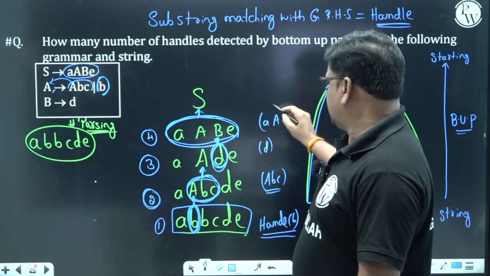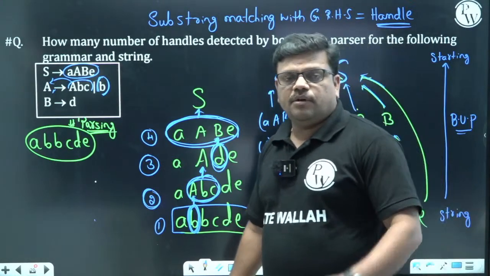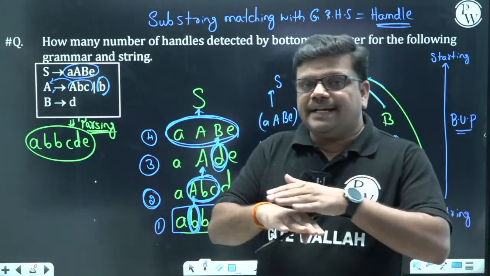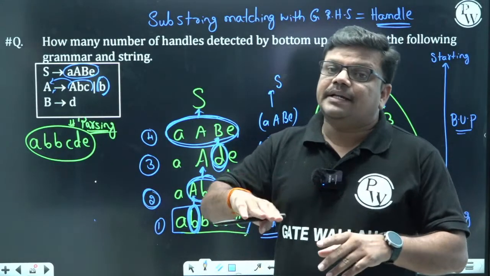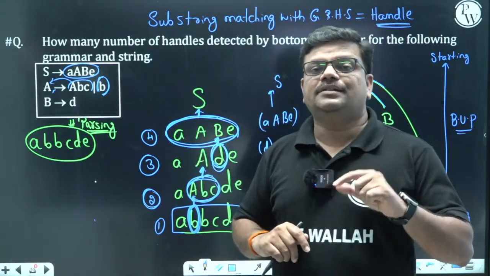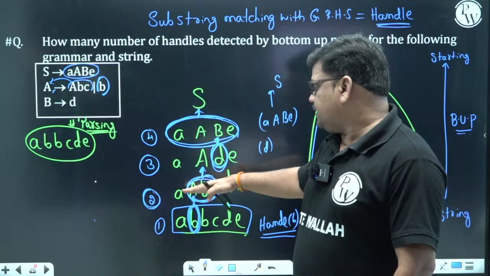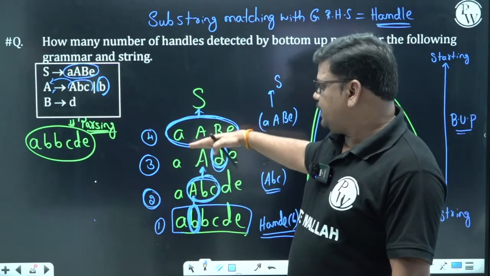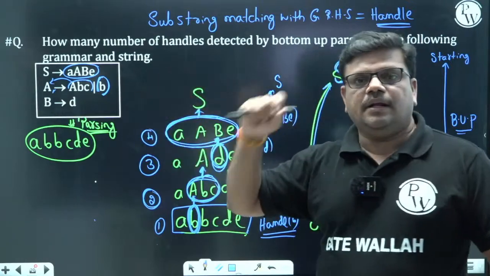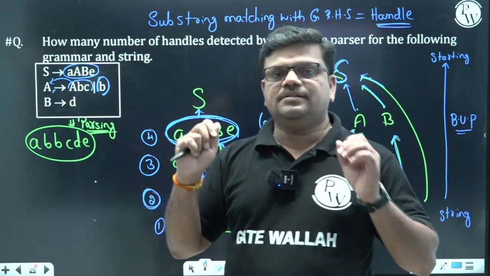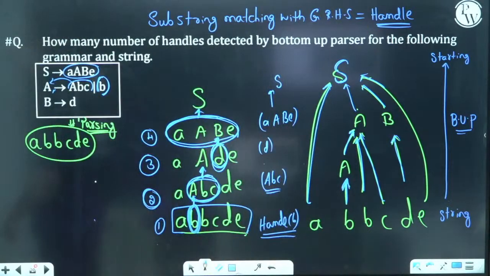Like this, the bottom-up parser will perform parsing by detecting handles at every step. Whenever a handle is detected, replacing it by a non-terminal is called reduce. Like this, the total input is reduced to the starting symbol. The given string is a member. Parsing is a success. So this is the exact concept of bottom-up parsing.